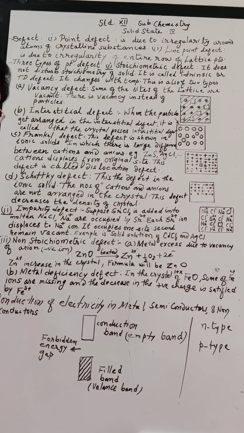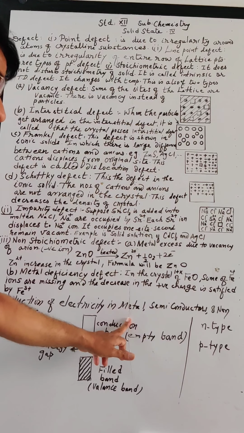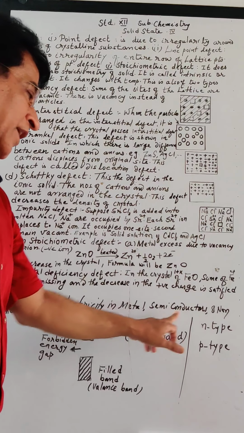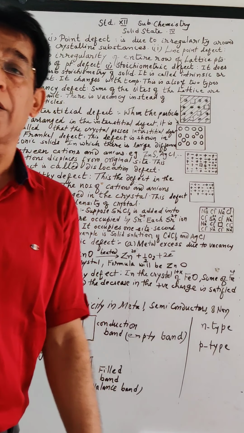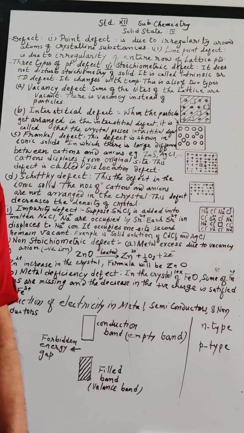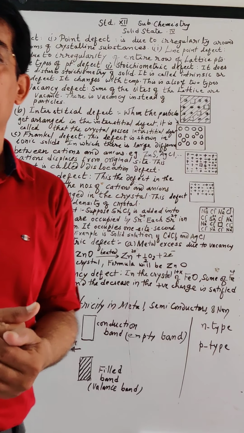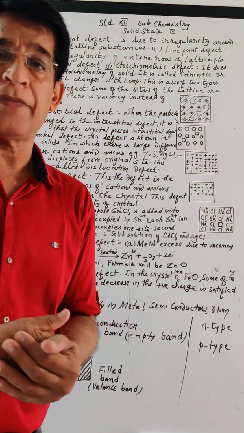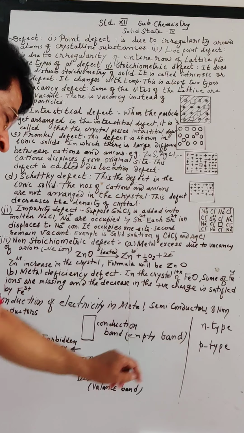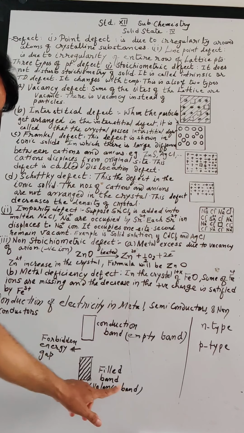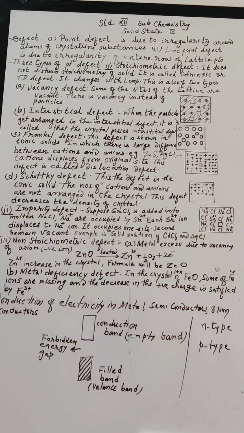Now another topic is conduction of electricity in metals, semiconductors and non-conductors. There are two types of band. One is valence band and another is conduction band. Conduction band means empty band and valence band means filled band.